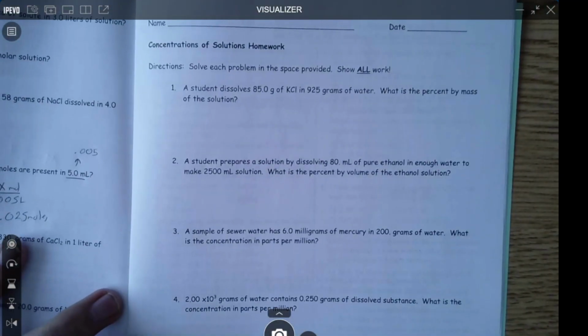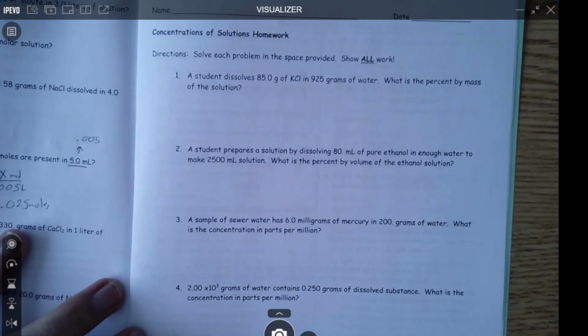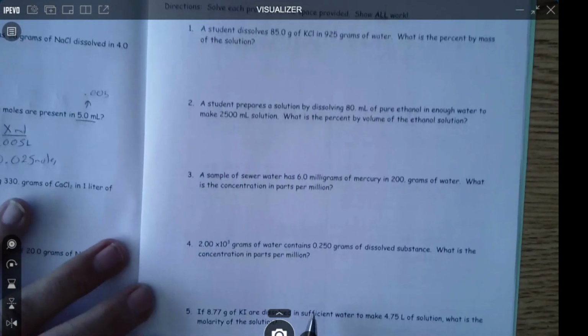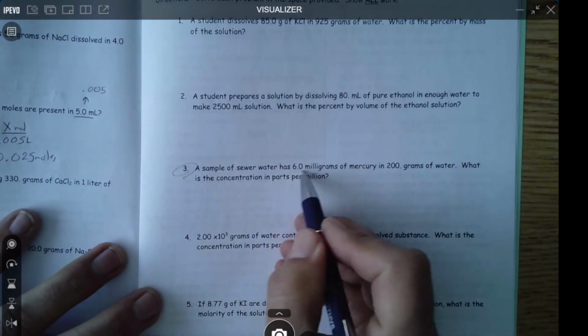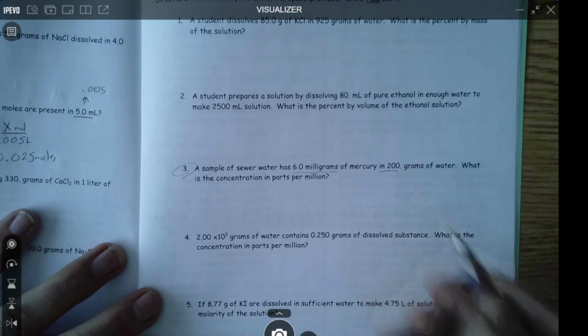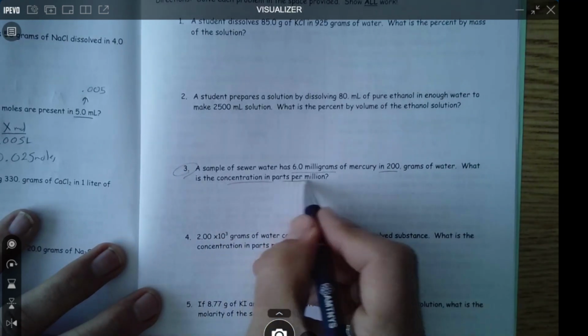Okay, remember we're moving all the way to 22, so let's look over here for any tricky ones. Oh yeah, this is an interesting one. A sample of sewer water has 6 milligrams of mercury in 200 grams of water. What is the concentration in parts per million?